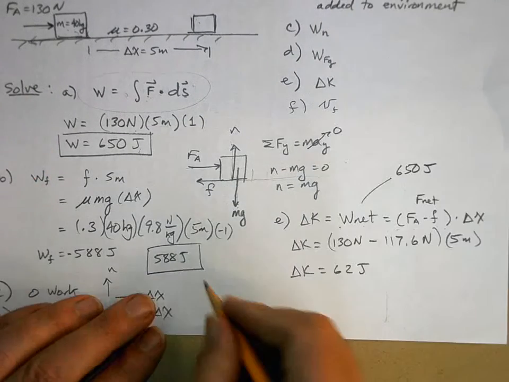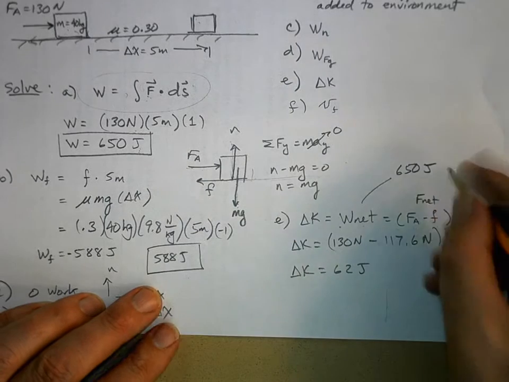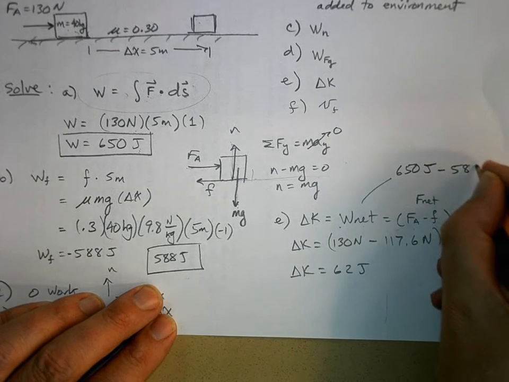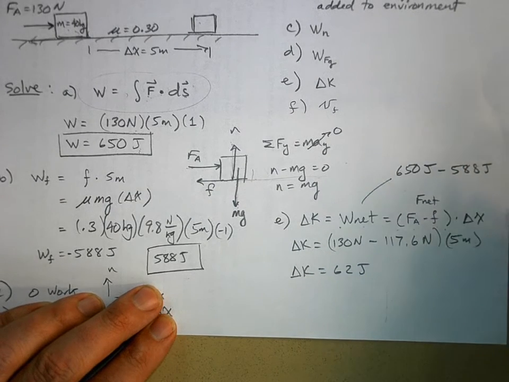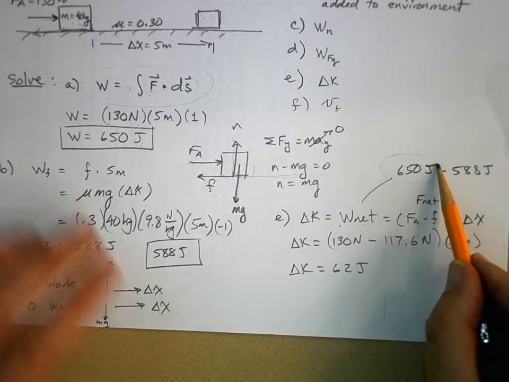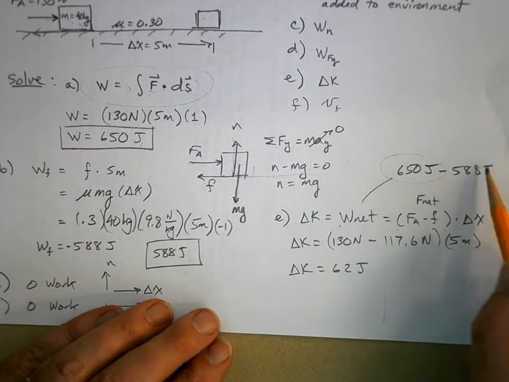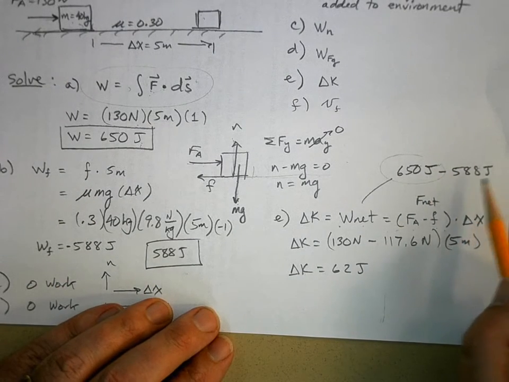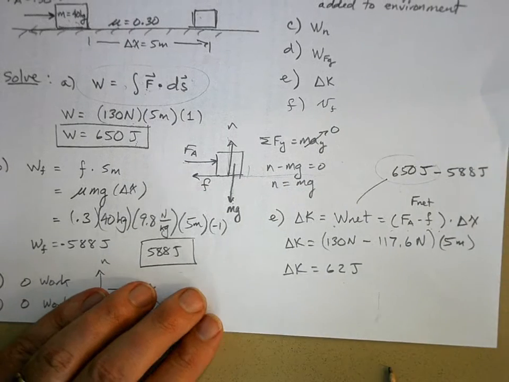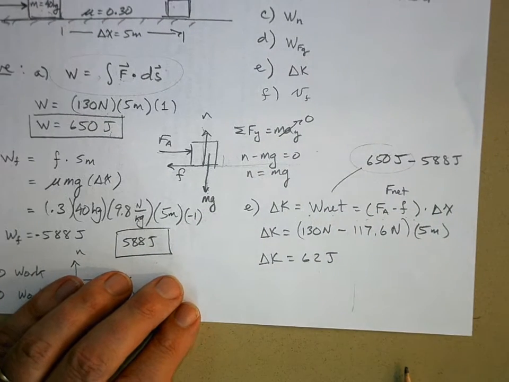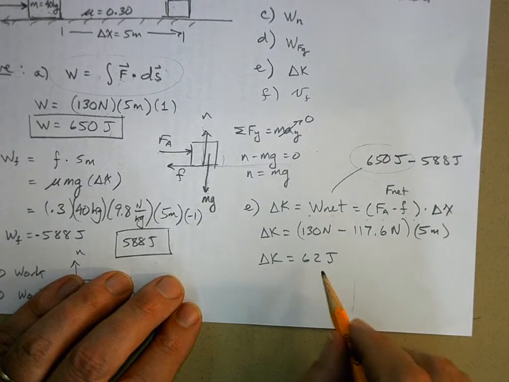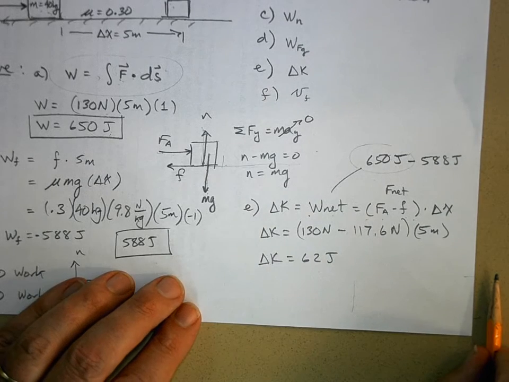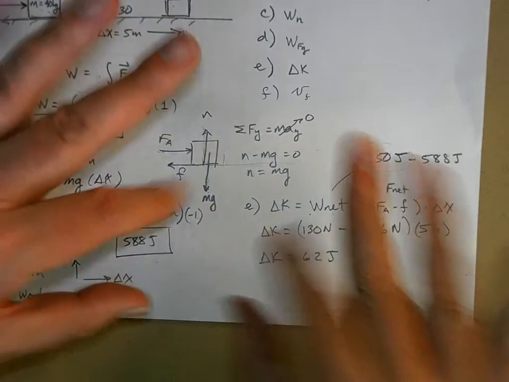But the work done by the force of friction is negative 588 joules. So if I add the work done by my applied force plus the work done by my force of friction, I get 650 minus 588, and that is equal to 62 joules. It all works.